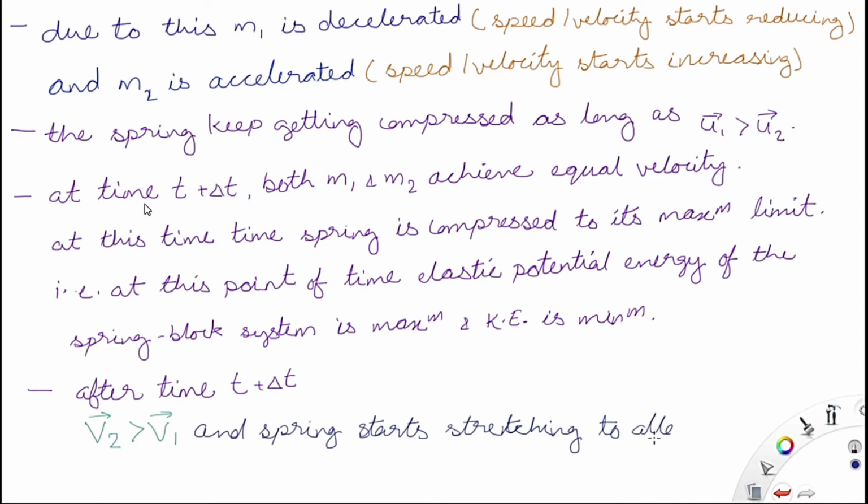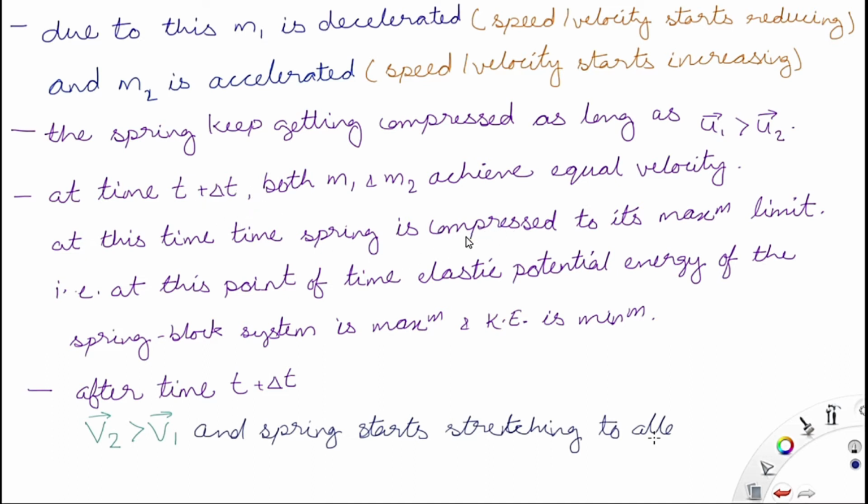So before time t plus delta t, u1 was greater than u2. But at time t plus delta t, both velocities become equal.